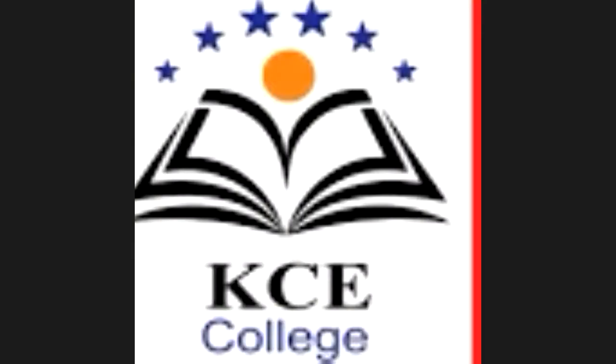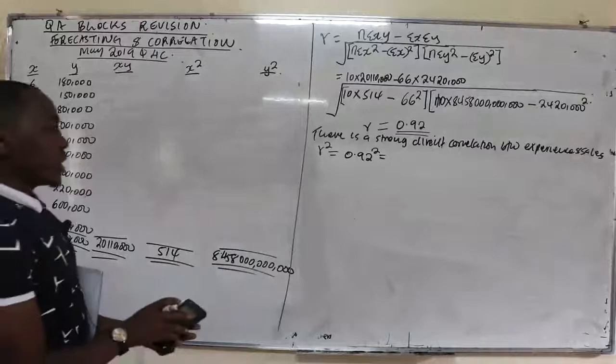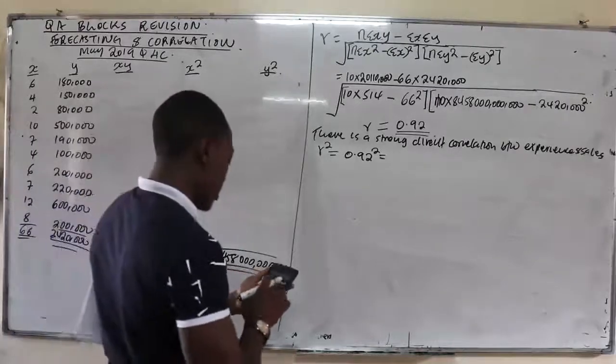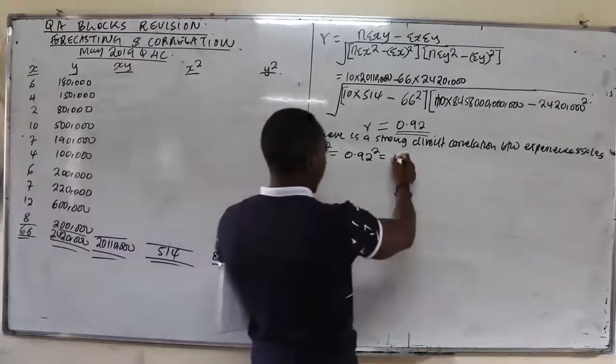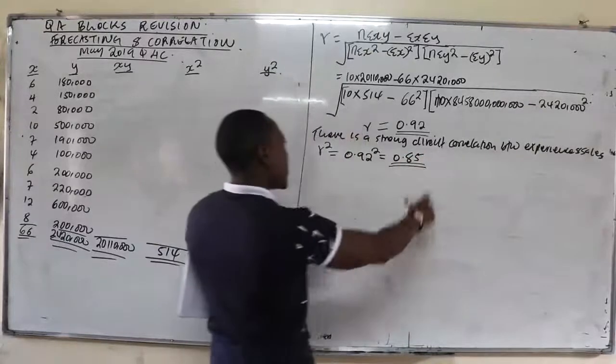Coefficient of determination. In case the examiner wanted the coefficient of determination, which is denoted by R squared, you could have taken 0.92 and then squared it. You would have gotten 0.85. And how do you interpret the coefficient of determination?